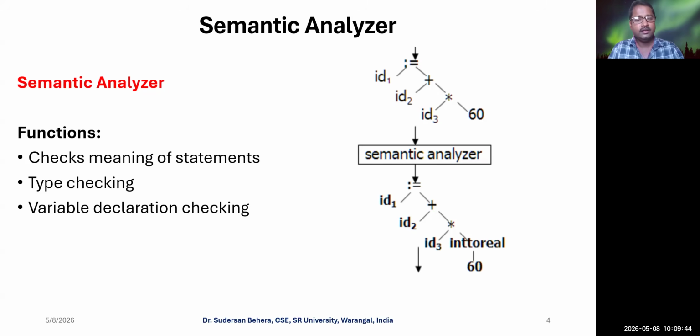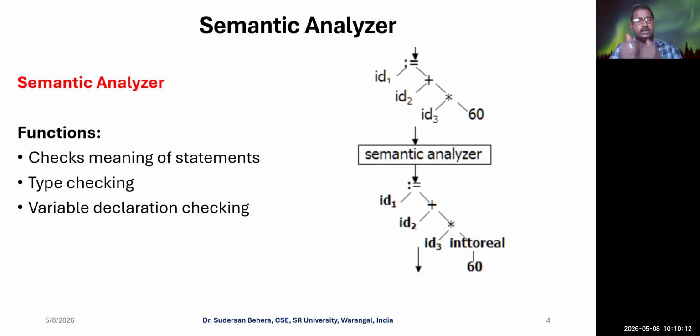Now we'll see, upon receiving the abstract syntax tree as an input, what the intermediate code generation, the fourth phase of the compiler, does. I hope you are clear with the role of the lexical analyzer, the role of the syntax analyzer, and the role of the semantic analyzer.